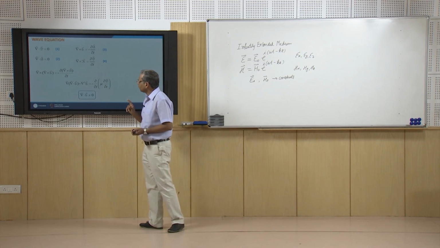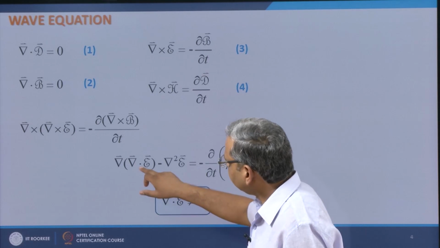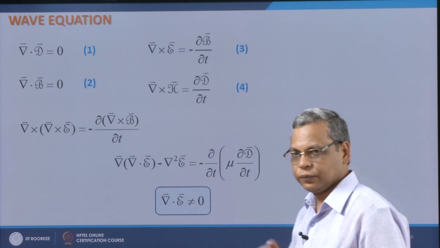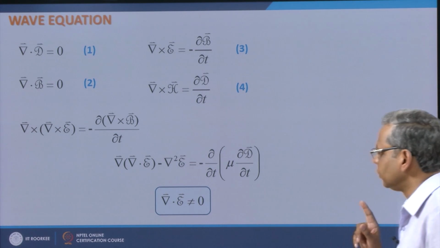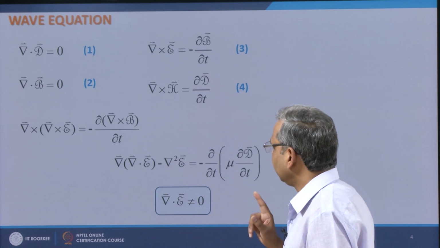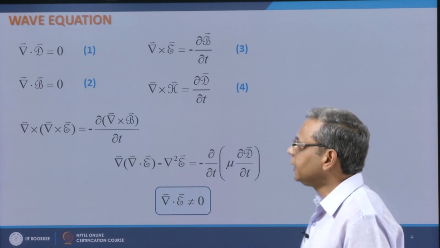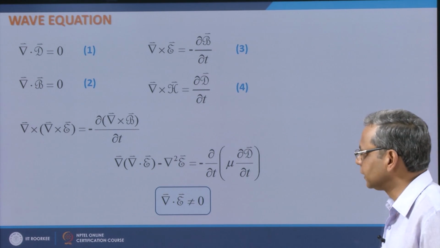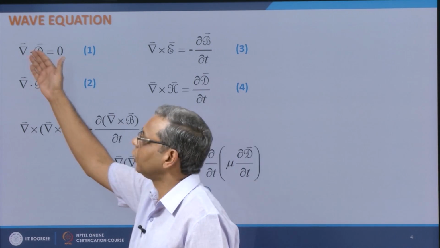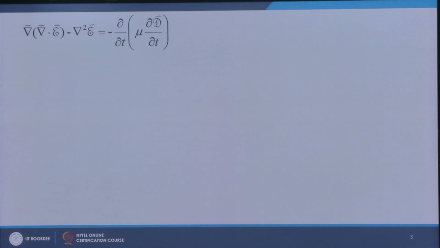But now here I should check that del dot E is not 0, I should be careful. In the previous case del dot E was 0. But now I have del dot D, and D is equal to epsilon E, epsilon depends upon x, y and z. So, I cannot take that epsilon out of this del operator. So, del dot E would not be 0.